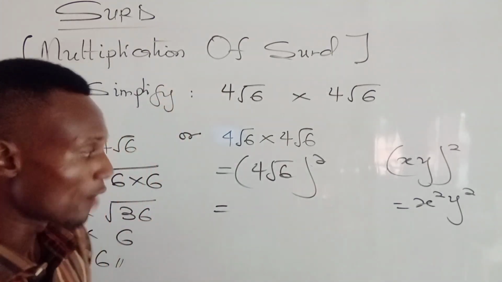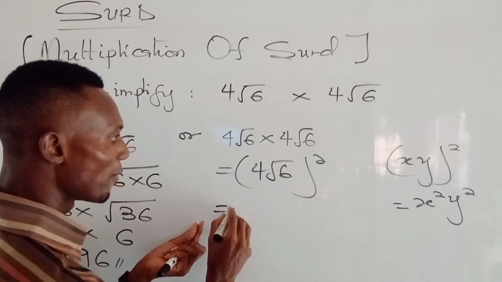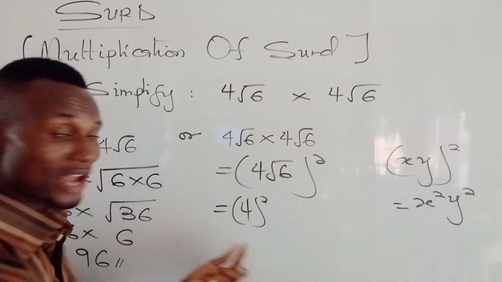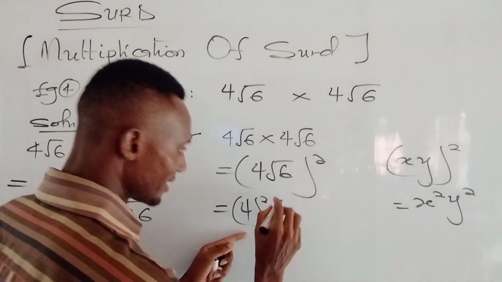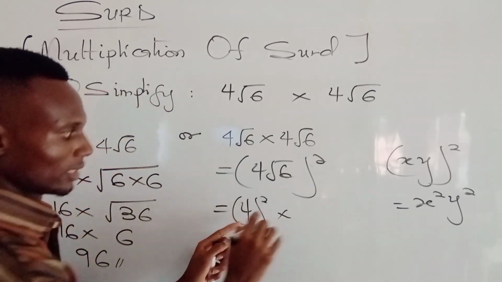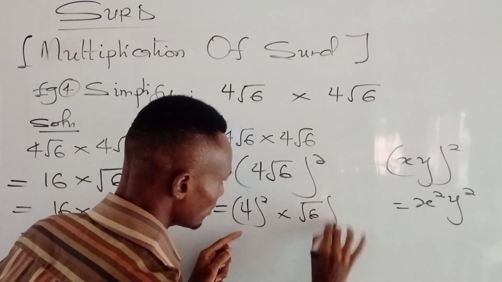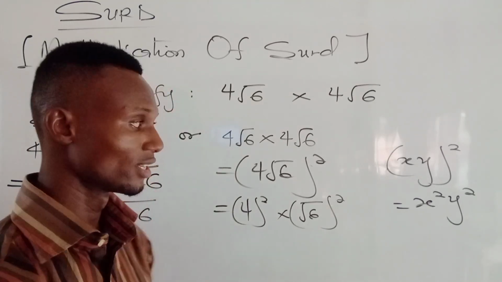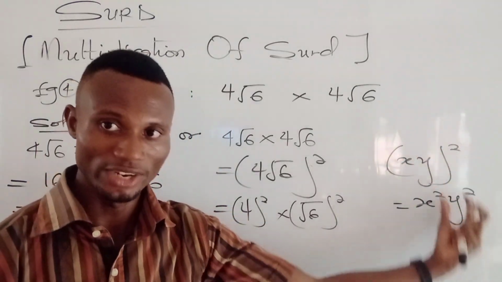Now we can simplify this one further by writing it as 4 squared times root 6 squared. I hope you are following. We are applying the same principle here.